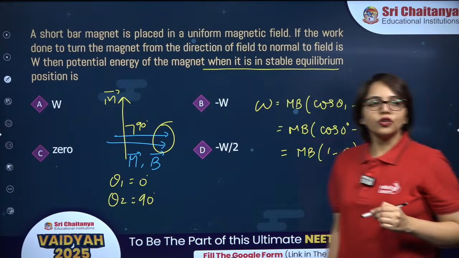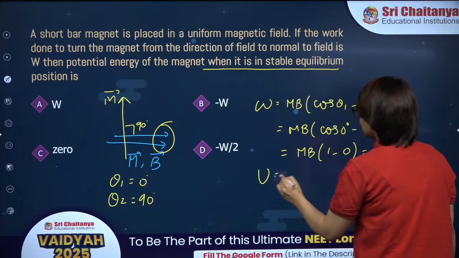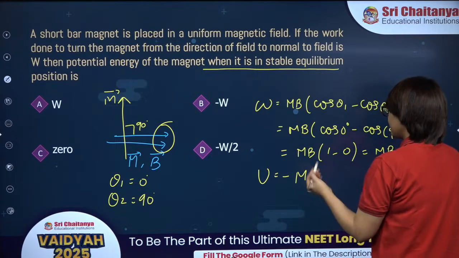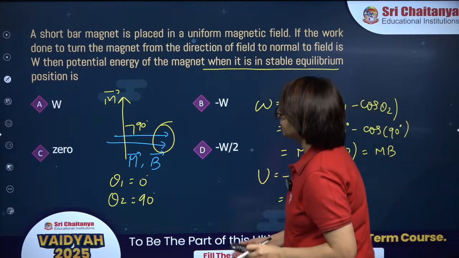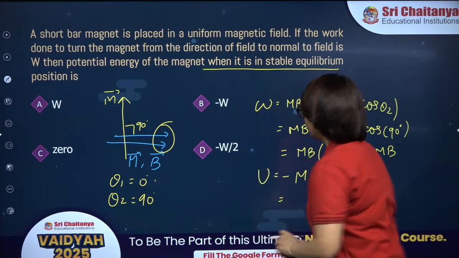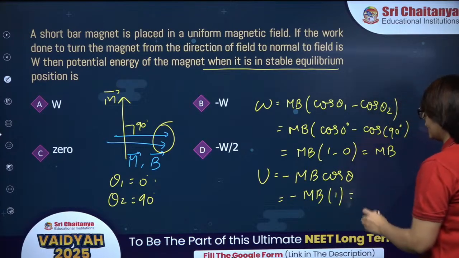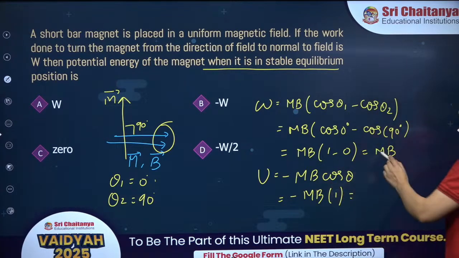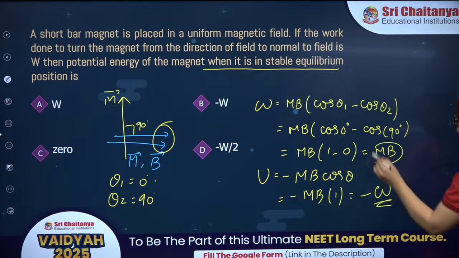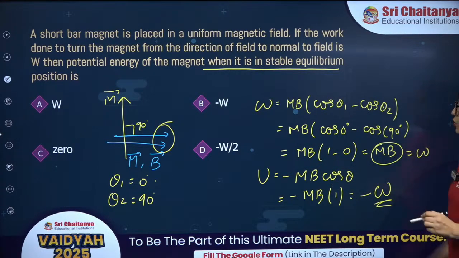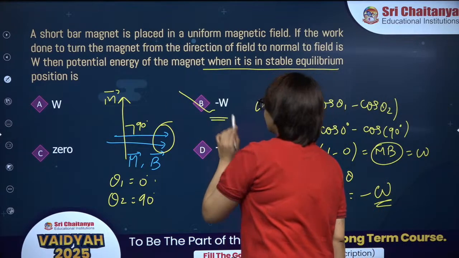Now the potential energy of the bar magnet is minus MB cos theta. In stable equilibrium position, theta will be 0 degree. So it will be minus MB cos 0 degree, which is 1. Right, so it is minus MB, but work done is MB, so potential energy is minus of W. I am just replacing MB with W. So potential energy will be minus W over here, which is option B.